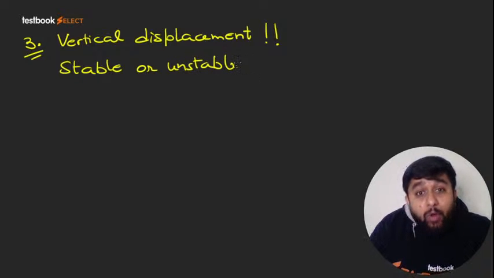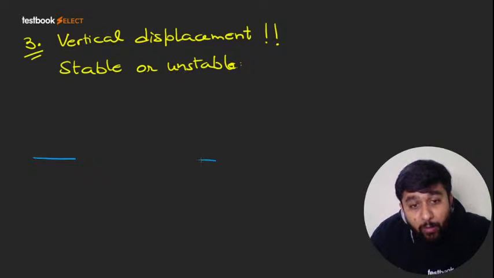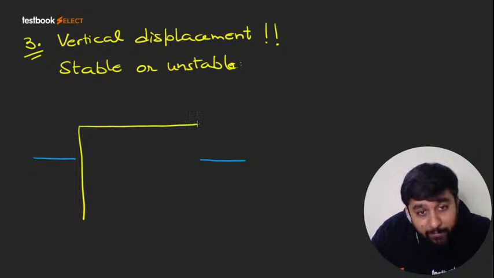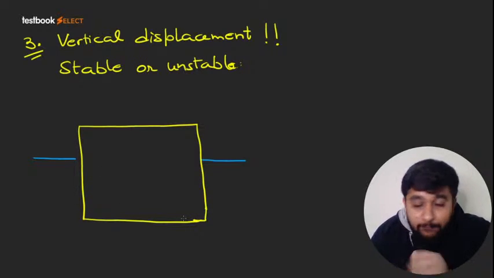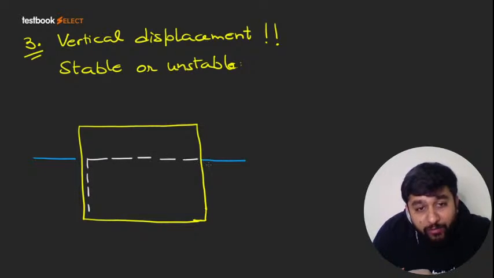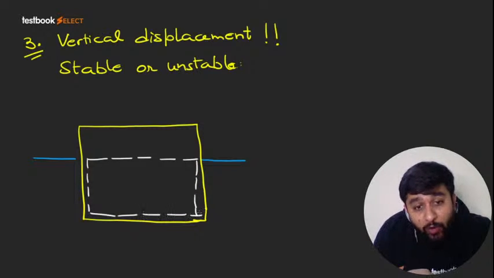Right now, the body is in equilibrium. So let me draw the equilibrium condition. This is the equilibrium position of the body. And this is the volume of fluid displaced. Now, what will you say?